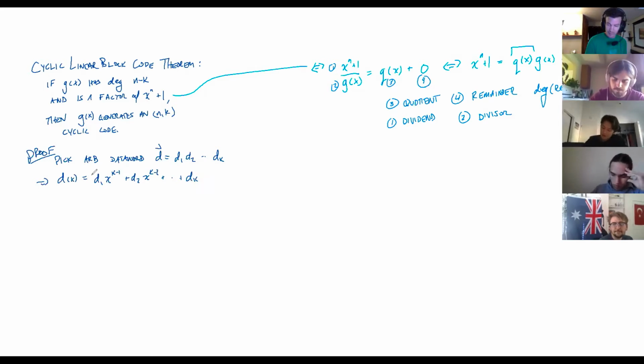Well, if this is how we represent d of x, then to represent d times g of x, one way to think about that is just distributing g of x over the entire right-hand side. So this is d1 x to the k minus 1 g of x plus d2 x to the k minus 2 g of x, plus on and on until we get d sub k g of x.